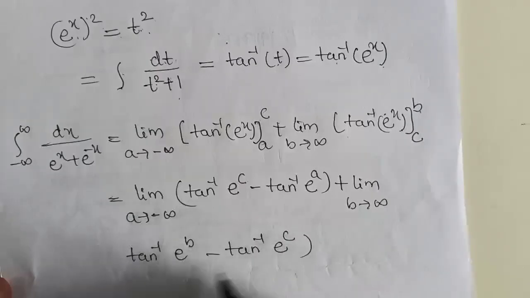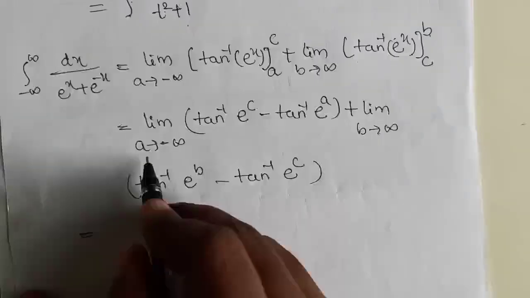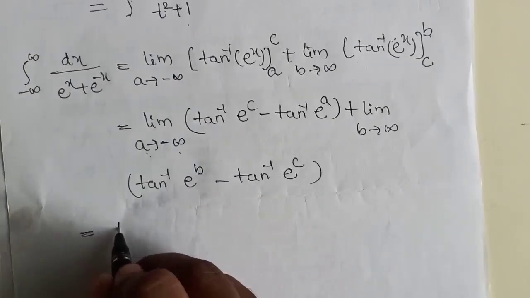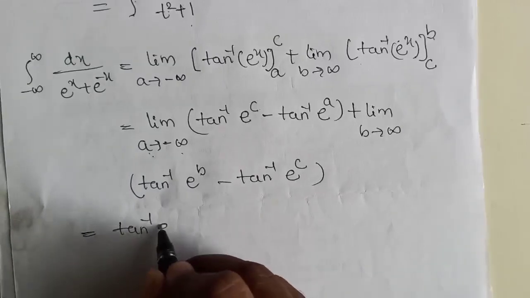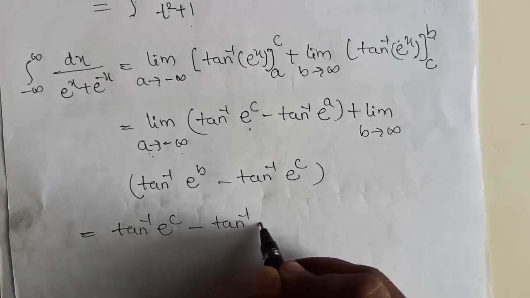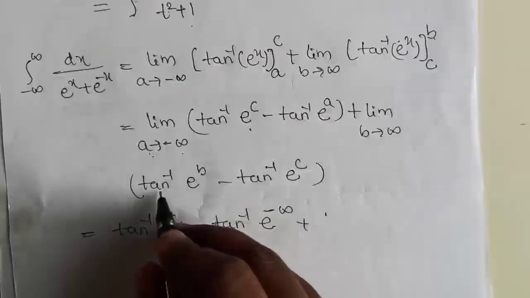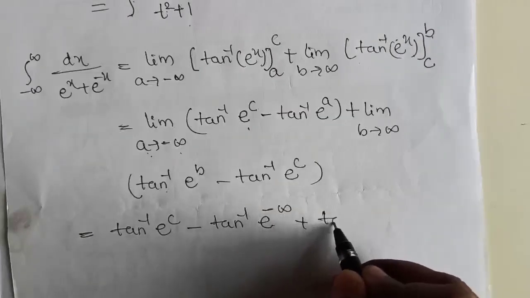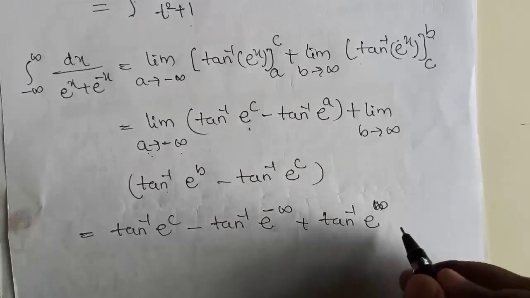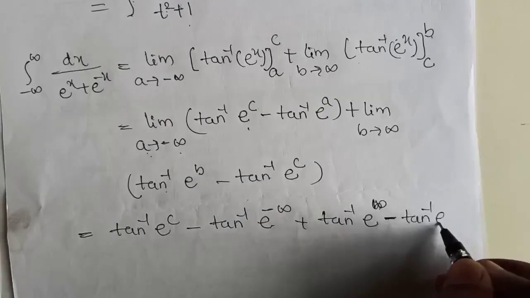Now evaluating the limits, substituting minus infinity in place of a, we get tan inverse of e raised to c as it is, minus tan inverse of e raised to minus infinity, plus tan inverse of e raised to plus infinity minus tan inverse of e raised to c as it is.